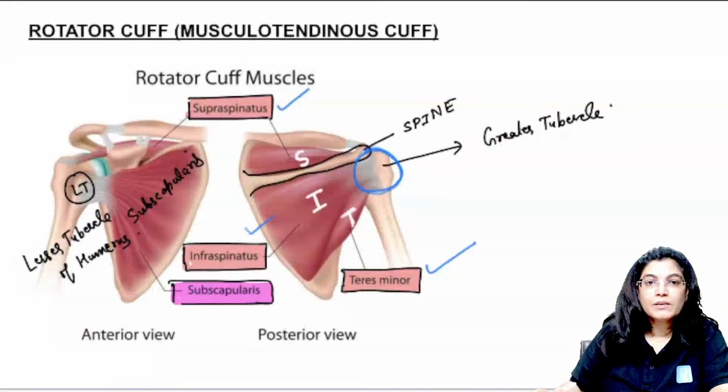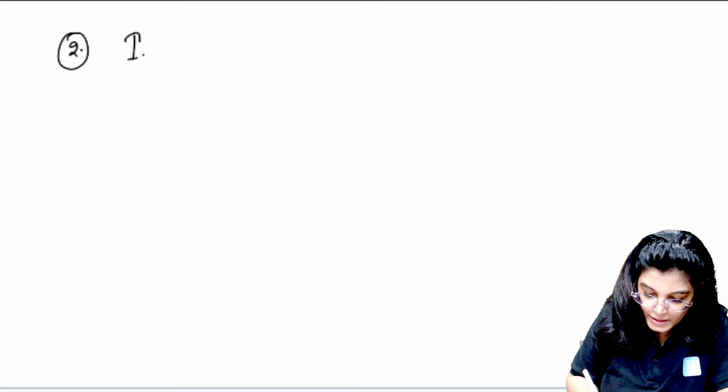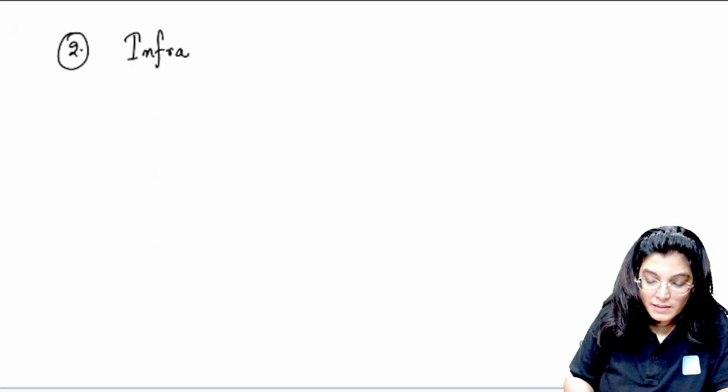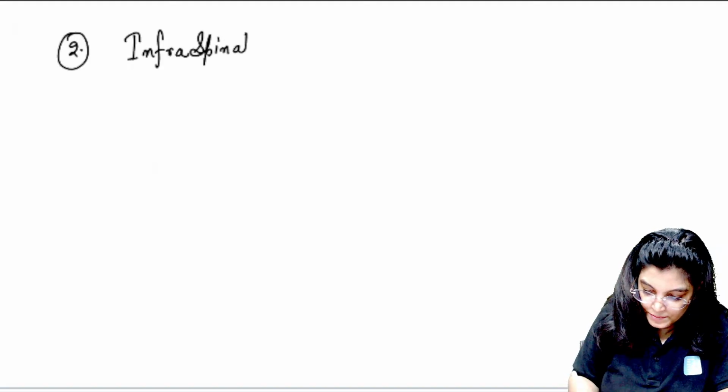The next muscle will be the infraspinatus muscle. Let's write about the second muscle in this list of the rotator cuff, the infraspinatus muscle.